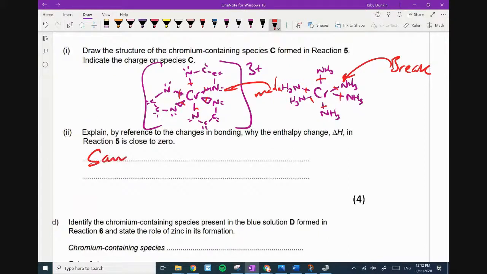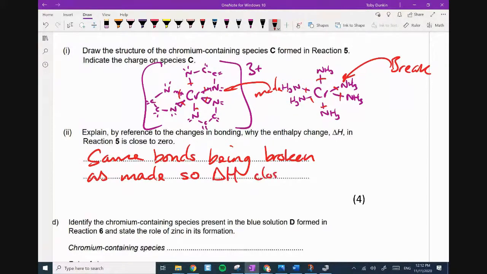So same bonds being broken as made, so delta H is close to 0.